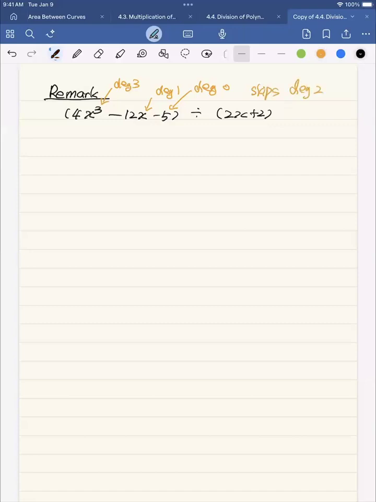The natural question will be how to express that in a long division form. When we solve this type of problem, it'll be 4x cubed, and this is degree 3, and degree 2 is missing.